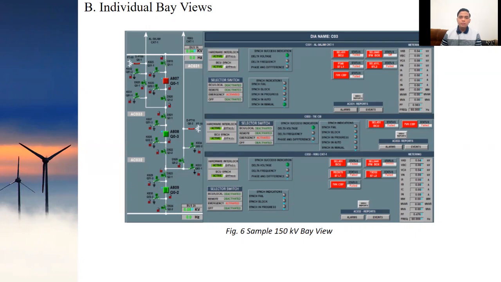Third is position of synchronism selector switch and state of synchronization. This information is available only if there is a bay supporting the synchronism check feature. And the last is open or closed status of available switching equipment and interlocking condition satisfied or not for its controllable equipment.